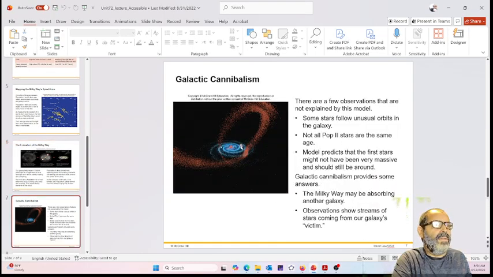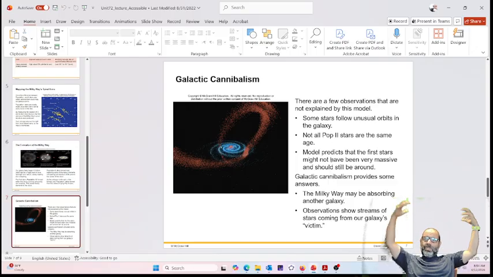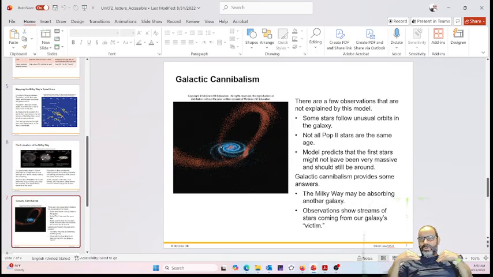So, evidence of galactic cannibalism is out there because there are stars that don't fit the picture at all. They are not in the galaxy, and there are these streams that the only way to explain those kinds of structures is through a process through which the Milky Way is gravitationally attracting the gases from those stars.